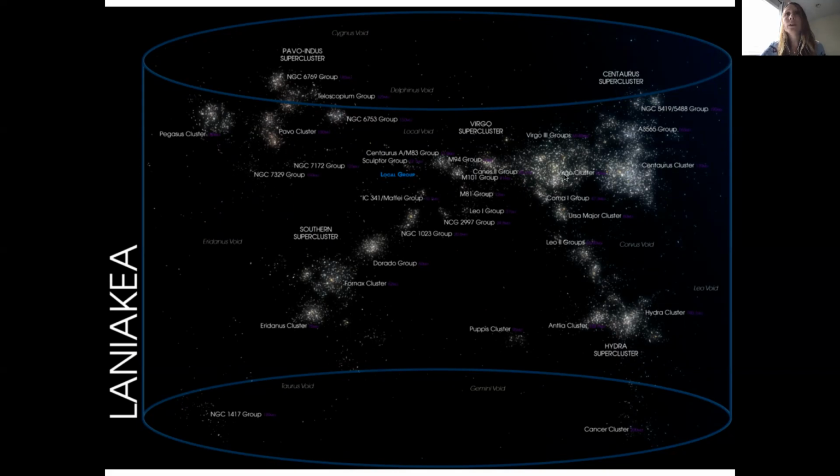The closest cluster would be the Virgo cluster, which has an intermediate virial mass of 10 to the 14. Although it's not one of the massive galaxy clusters, the modest mass is overcome by how close it is to us. And so it is a very interesting environment to study these dwarf galaxies.